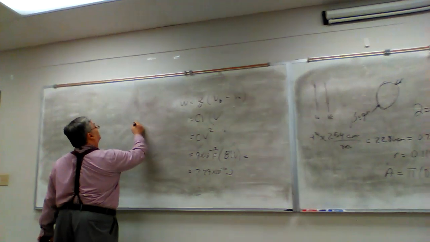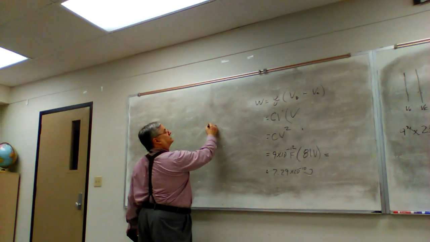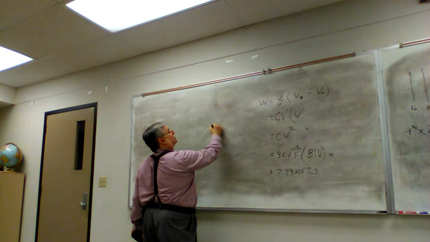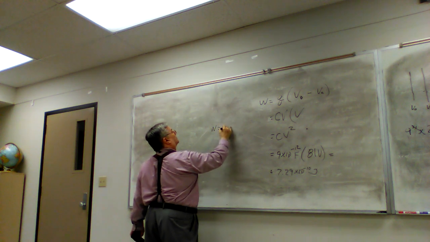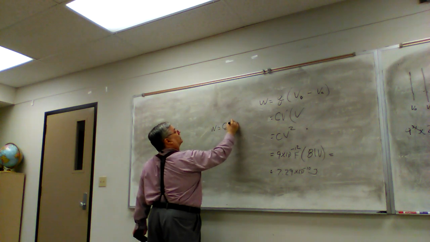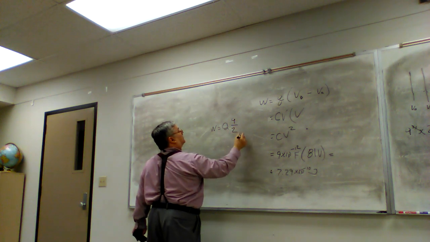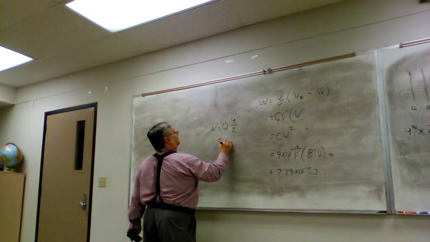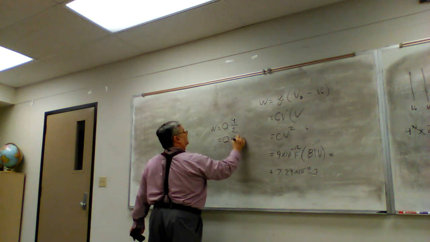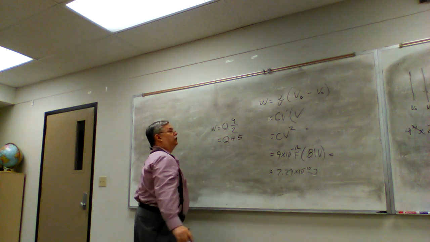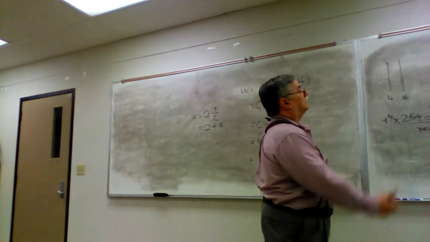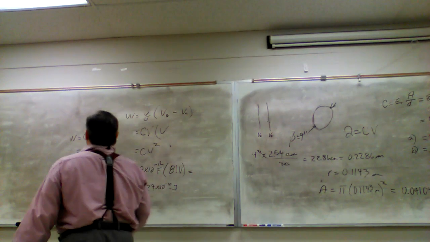So it would be Q times the voltage average, which would be 9 divided by 2, which is 4.5. And Q is what? C times V.